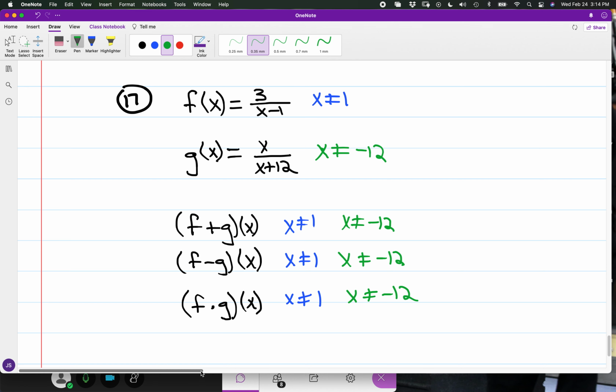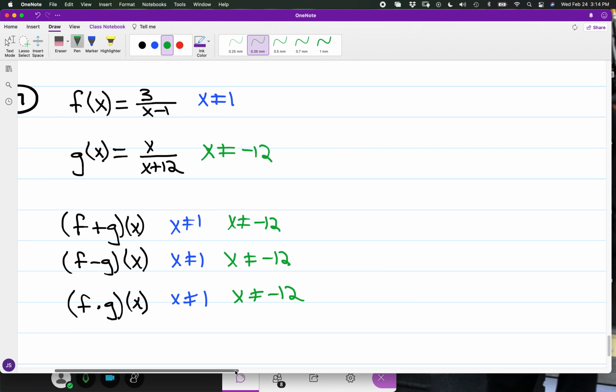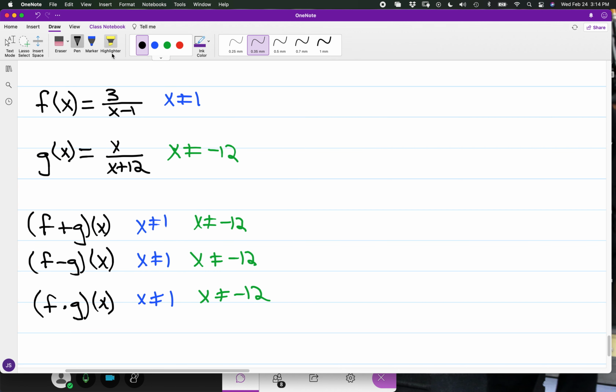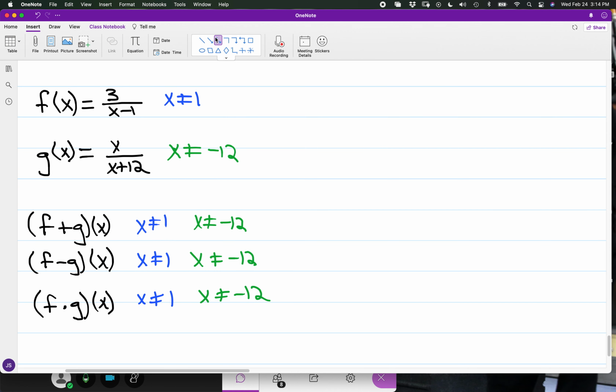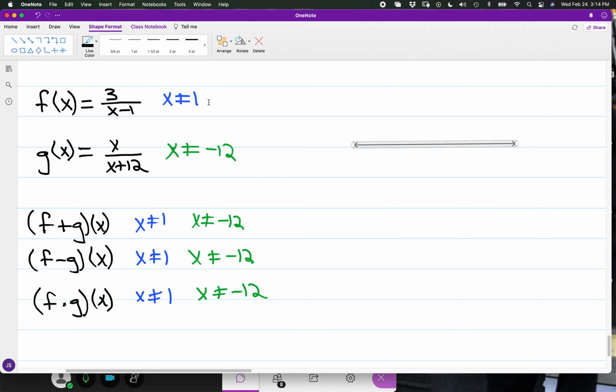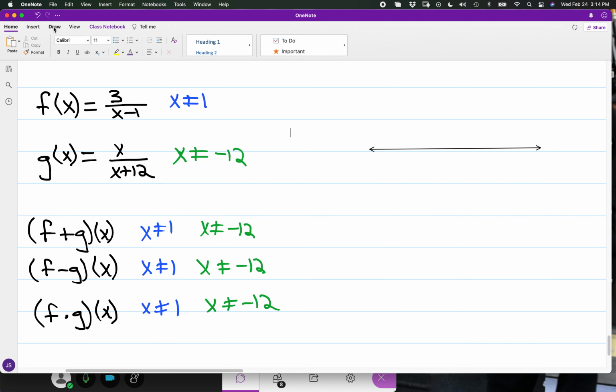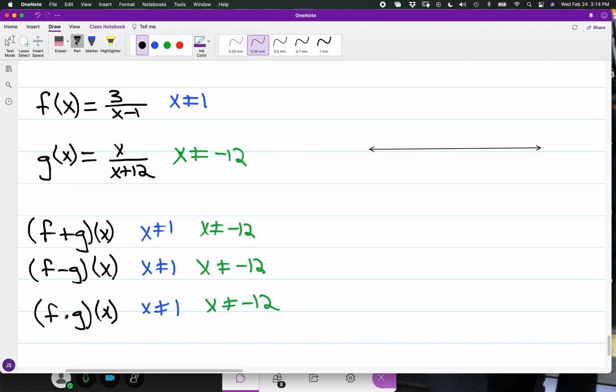So in terms of sizing things up, for the sum, difference, and product functions, we have these two exclusions, negative 12 and 1.